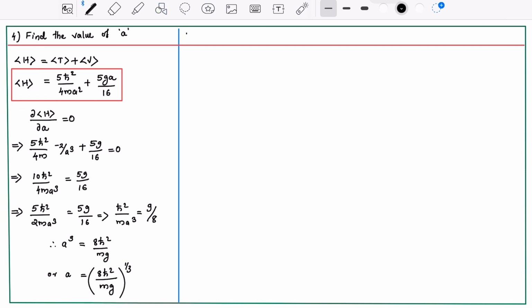So in the next step, we substitute the value of A in expectation value of H, then simplify, and finally we will get the expression for energy.